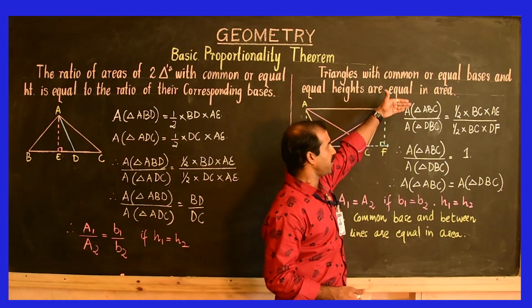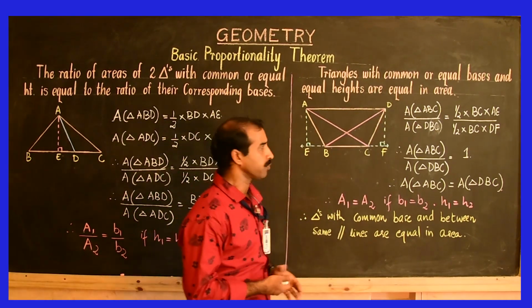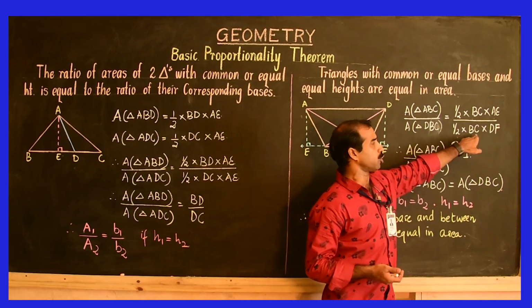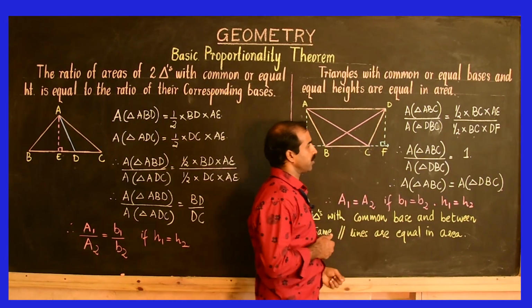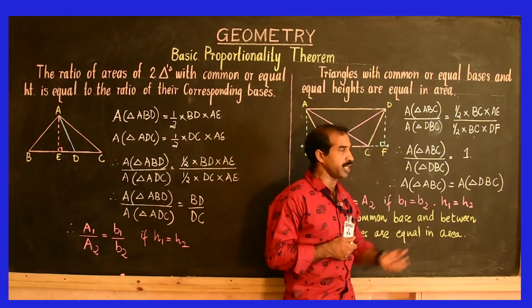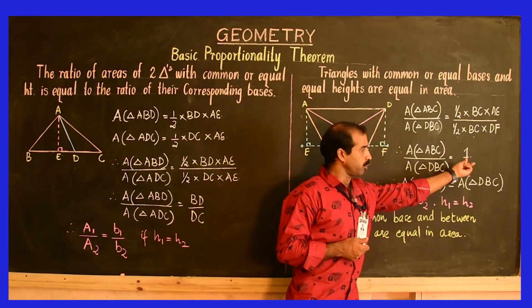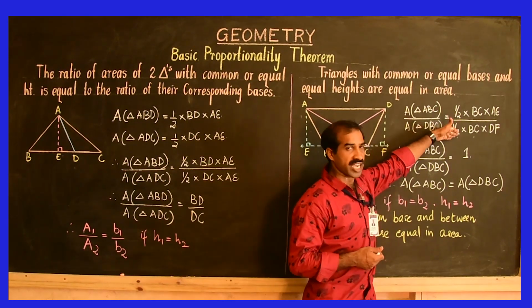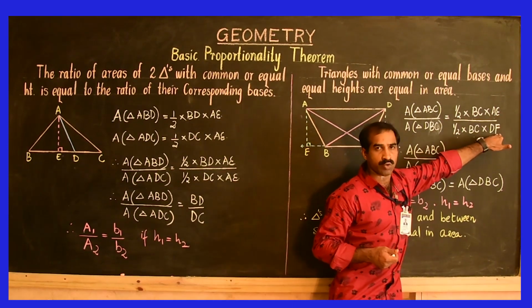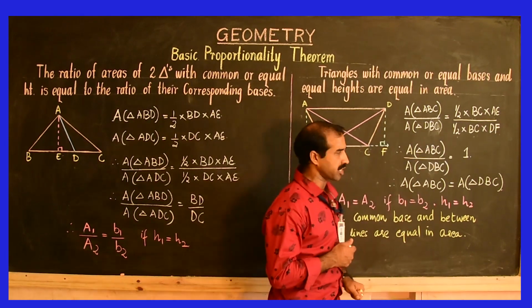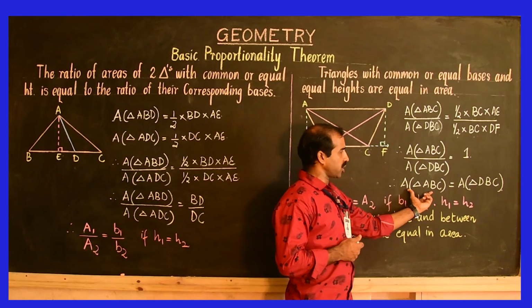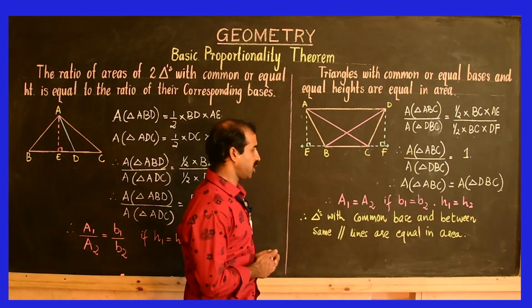Therefore, area of triangle ABC upon area of triangle DBC equals half into BC into AE upon half into BC into DF, which equals 1. How do you get 1? Half and half get cancelled, BC and BC get cancelled, AE is equal to DF so that also gets cancelled, and then cross multiplying you get area of triangle ABC equal to area of triangle DBC.